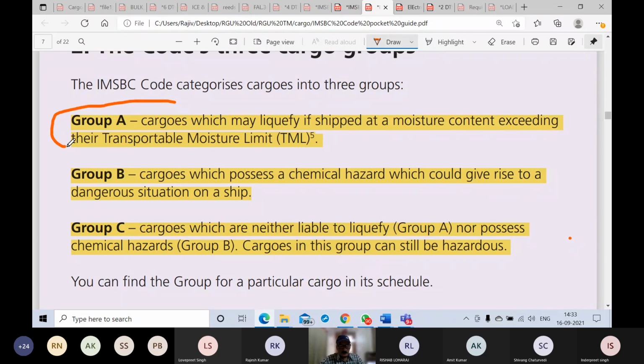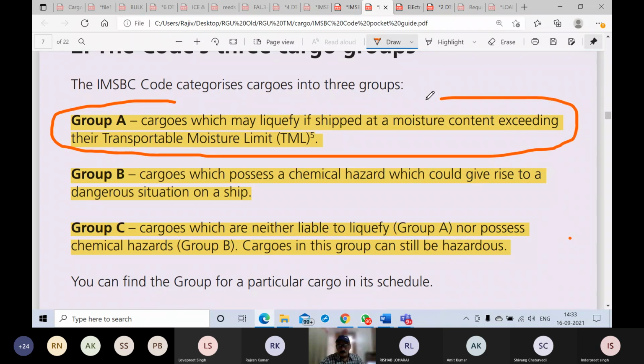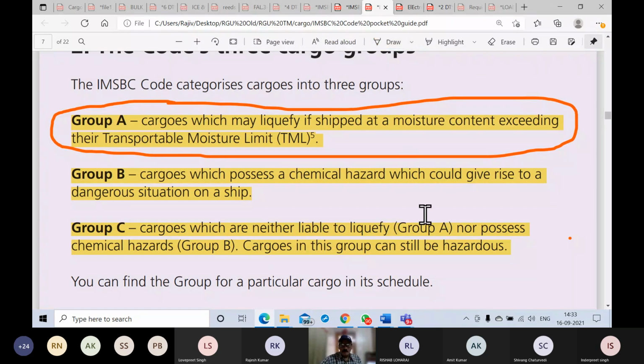Special attention is paid to this. So this is Group A.